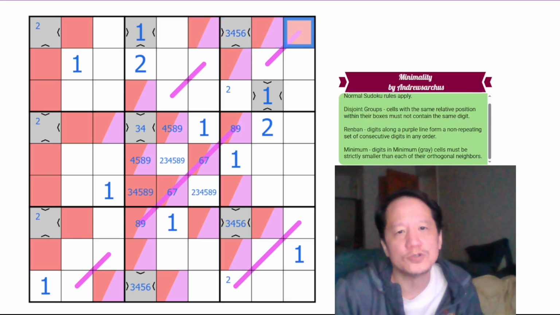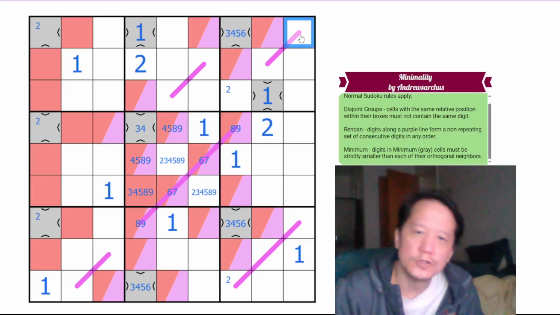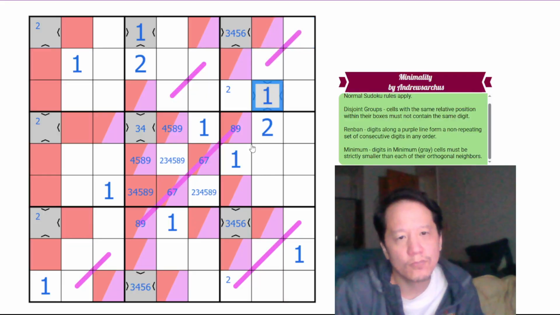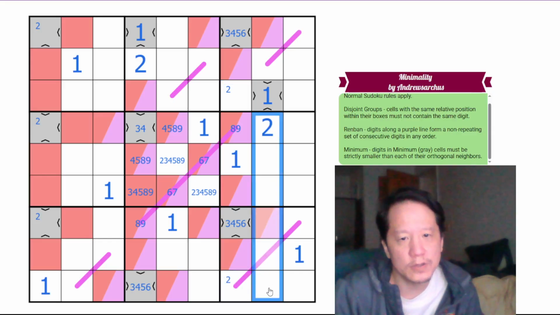Wait, this could be 2. Right. That could be 2. So that's not red there. Okay. So 2 could be there or there. 2 cannot be here.